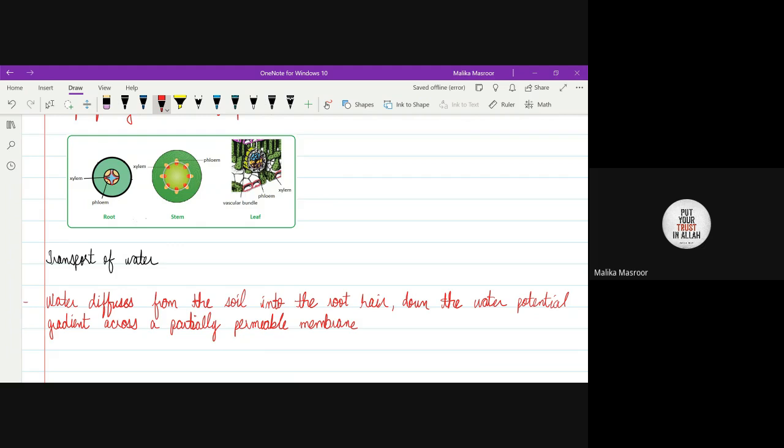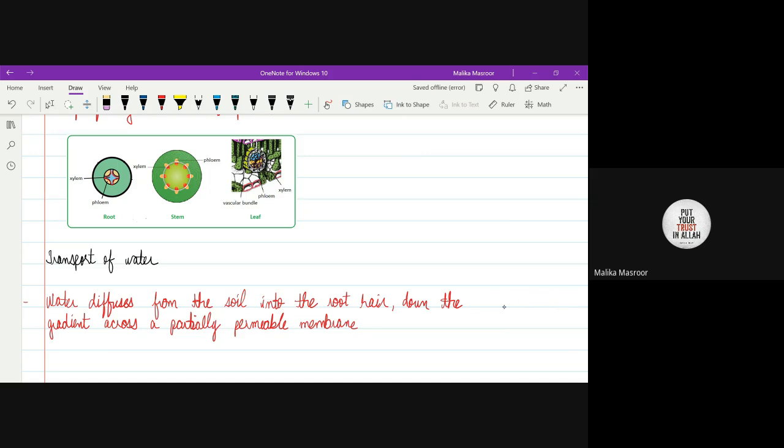Roots have more minerals compared to the soil, because roots have taken up those minerals. That's why water moves from where there are fewer solute particles to where there are more solute particles. Solutes are your minerals. That's why I called it the concentration gradient. We're not talking with respect to water at this point.